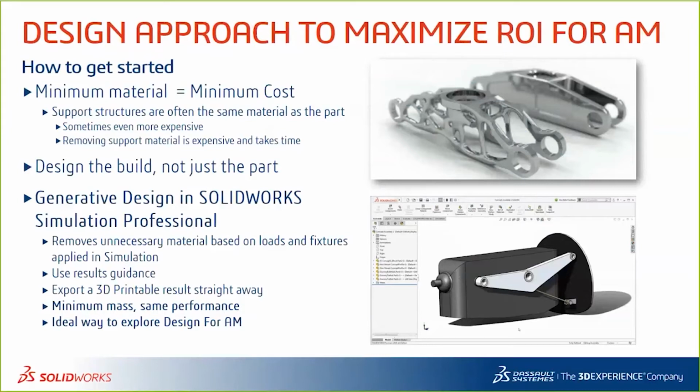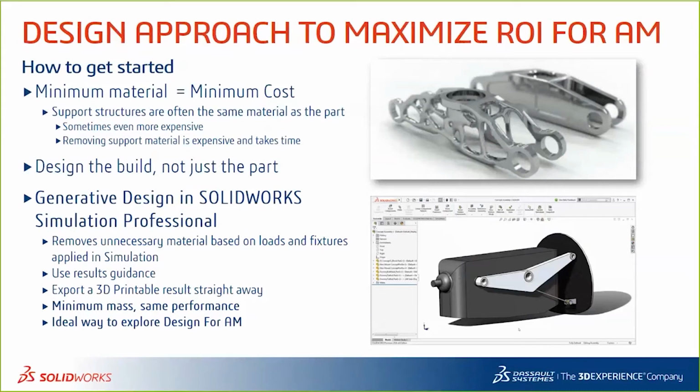So while it might be lighter, the cost to continuously cut holes in a CNC part might make that not a viable option. But with 3D printing, it doesn't matter how many holes you include in your design. It's always going to be about the same cost, and it's always going to take about the same amount of time. So it's always a good idea to try to minimize the mass as much as possible.